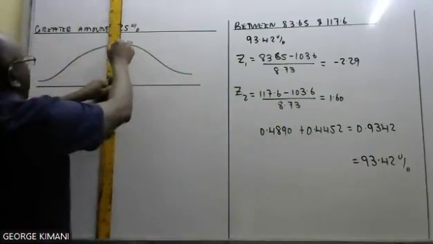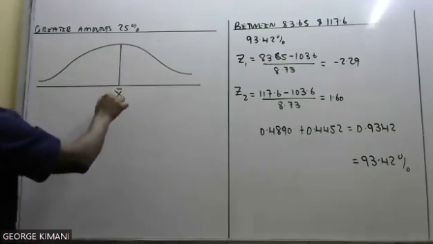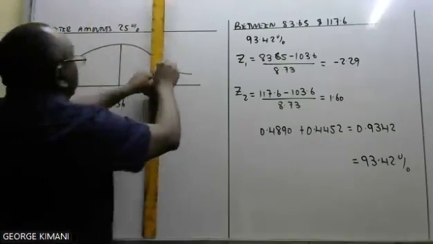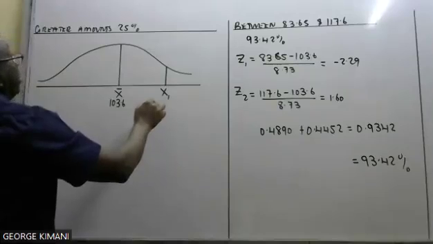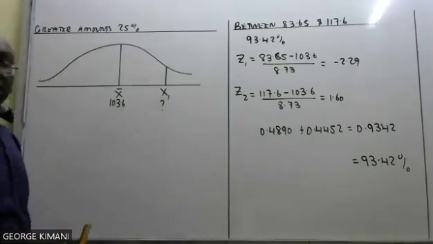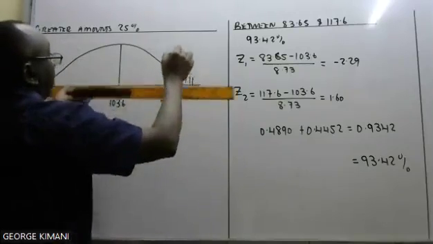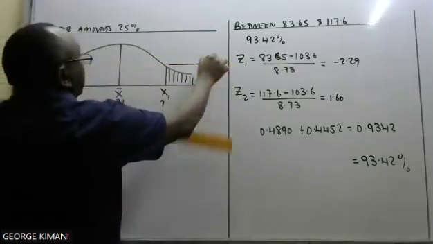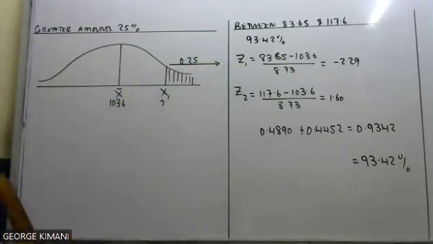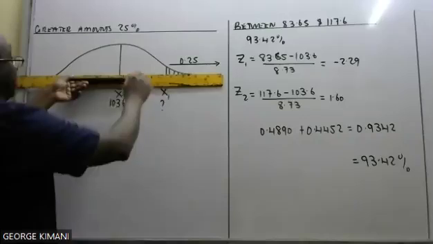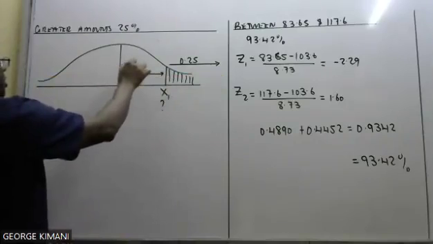Your mean X bar is 103.6, and here you have X1, which we do not know, but we are told the area beyond it is 0.25.